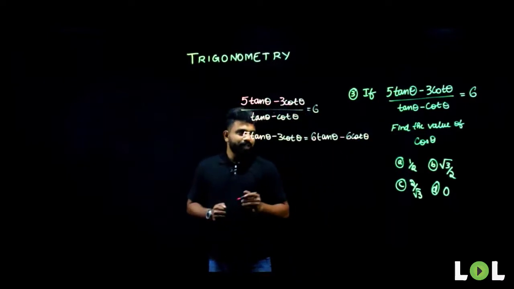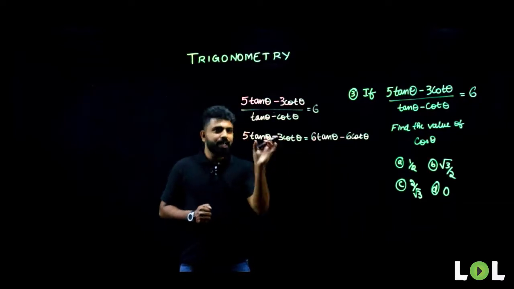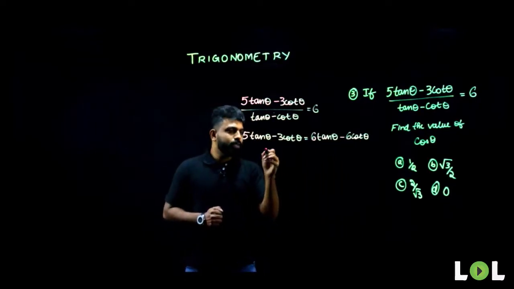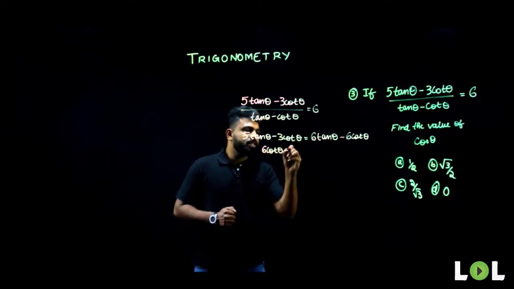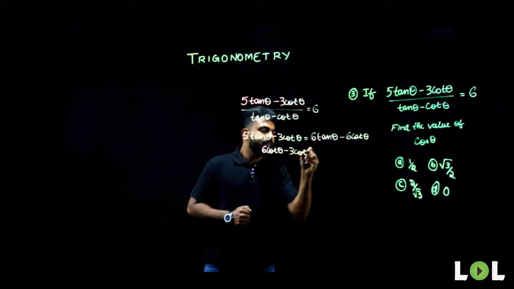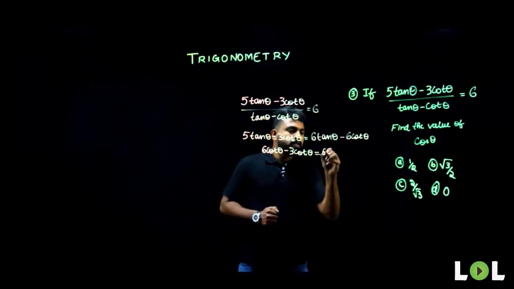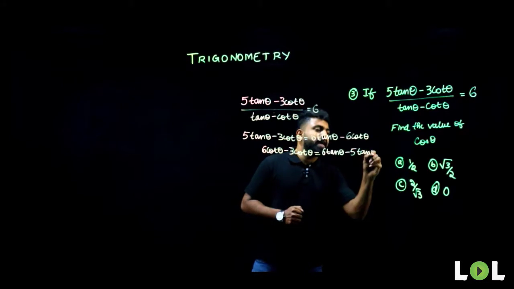Now if I take cot theta to the other side and tan theta to this side, what will I be left with? I'll be left with 6 cot theta minus 3 cot theta will be equal to 6 tan theta minus 5 tan theta.